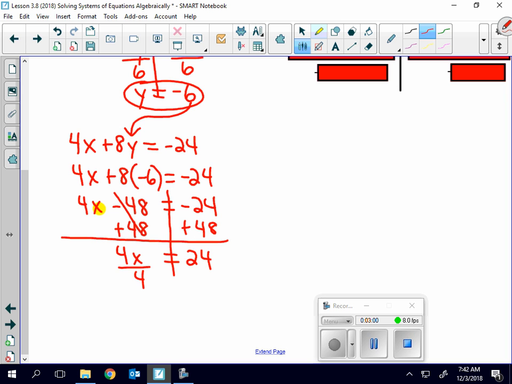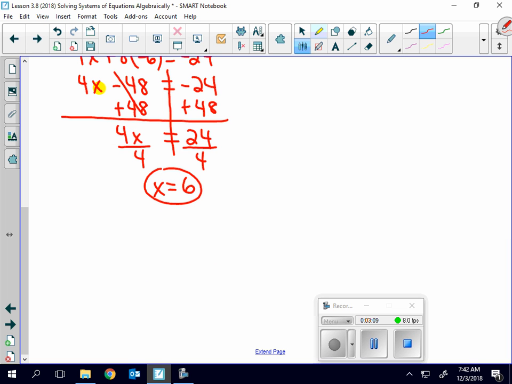Divide by 4. X equals 6. So we have our x is 6 and our y was negative 6.